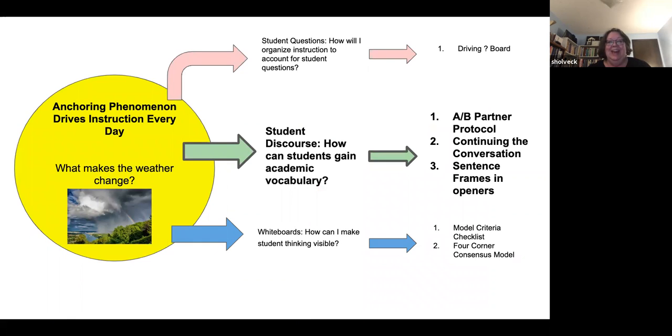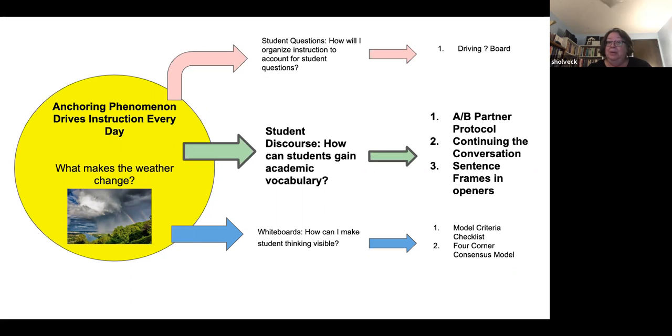So the second category of instructional strategies that we feel is extremely important are student discourse strategies. And one of the things that has become increasingly clear to me is that the strength of NGSS instruction in making student thinking visible through language is extremely important, because we want students to grow and deepen in their understanding.